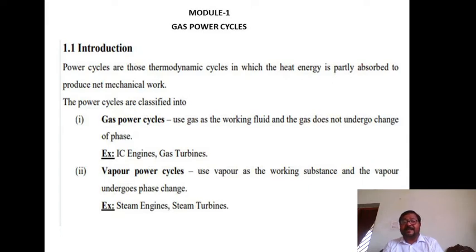In the boiler it is a liquid phase, and then in the turbine it is a vapor phase. In the condenser it is a vapor and liquid mixture phase. Afterwards it is again pumped back to the boiler. Like this, the variation of the phase of the working fluid takes place in the vapor power cycle.